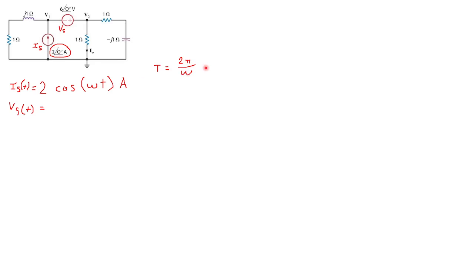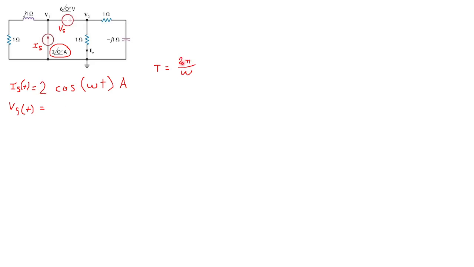At time t equals 0, this source produces 2 amperes up. At time t equals 2 pi over omega, it is again 2 amperes upward. In between, it goes down to -2 and back up to 2 every 2 pi over omega seconds.